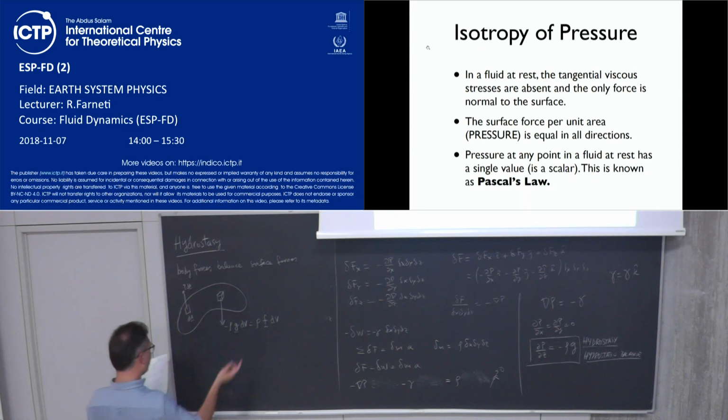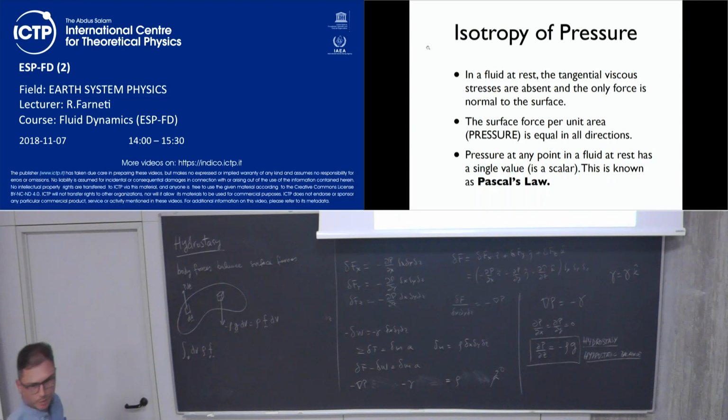So for the entire volume, this body force is my body force integrated over the entire volume, and my surface force integrated over the entire surface is just the pressure integrated over the whole area bounding my volume.